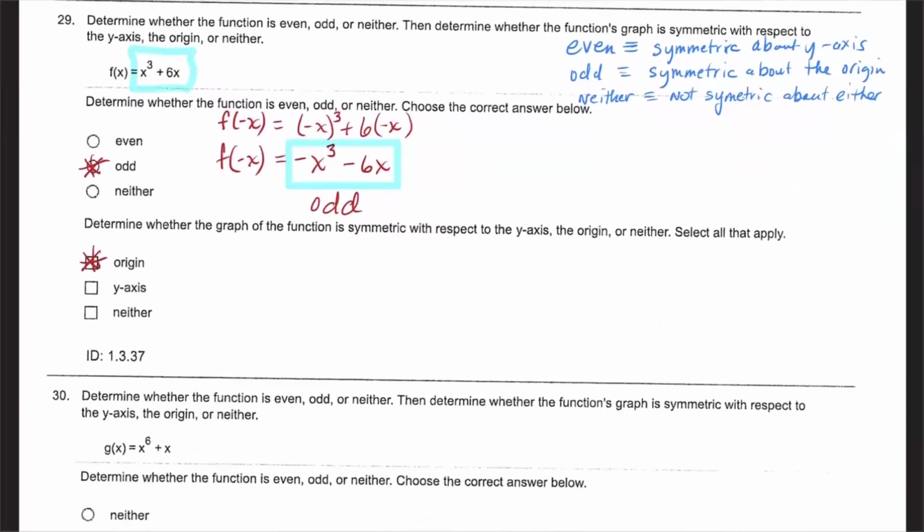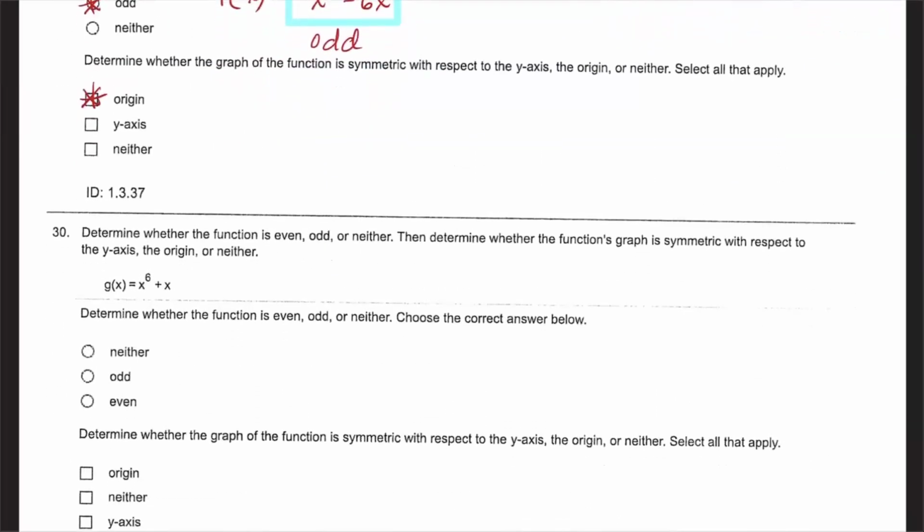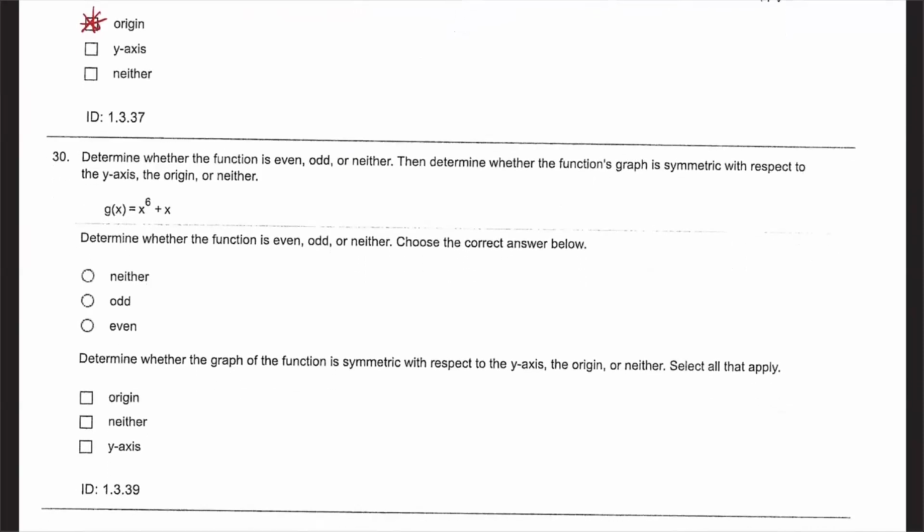Okay. If we look at number 30 and do the same thing, g of negative x, I'm going to replace x with negative x and simplify. When I simplify, I am looking at a negative x raised to a 6th power.